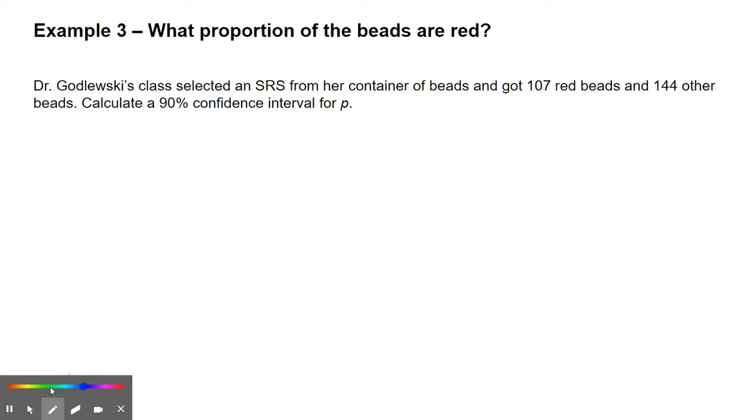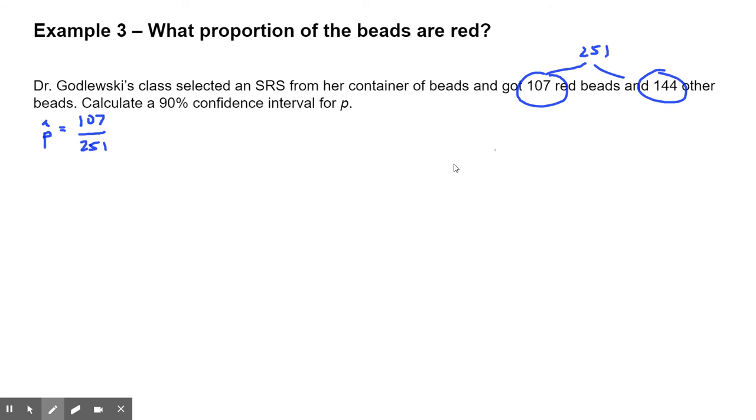So the first thing you would want to do is make sure your conditions are met, but they are, right? We already met the random condition, and we already met the large counts condition in example 1. So let's go ahead and identify our p hat value again. Your p hat value is the number of red beads out of the total. Remember that 251 you get by adding those two numbers.